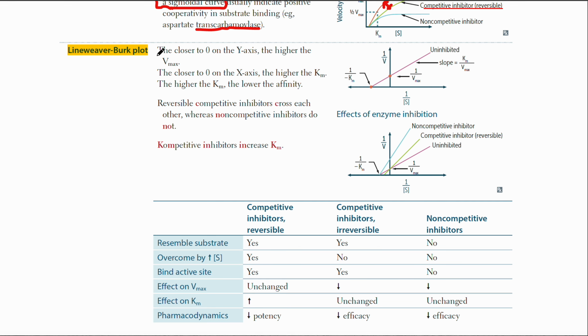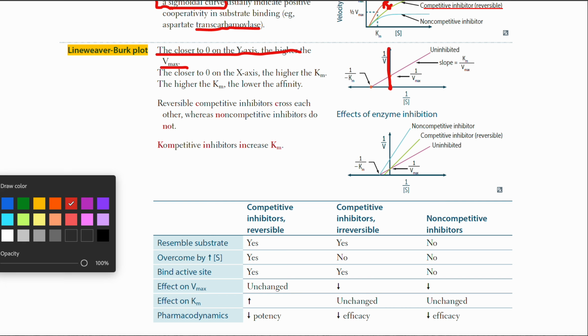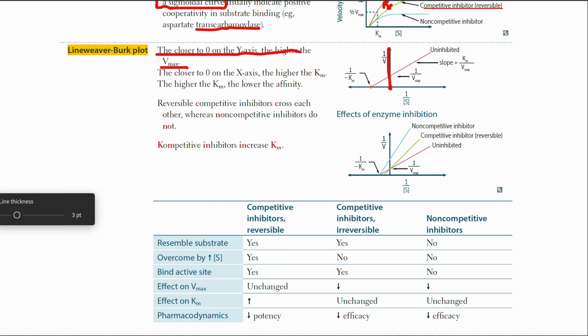So the closer to 0 on the y-axis, the higher the Bmax. So this is 0 on the y-axis. Let me just decrease the thickness of this line. Two points is enough, maybe, yeah.